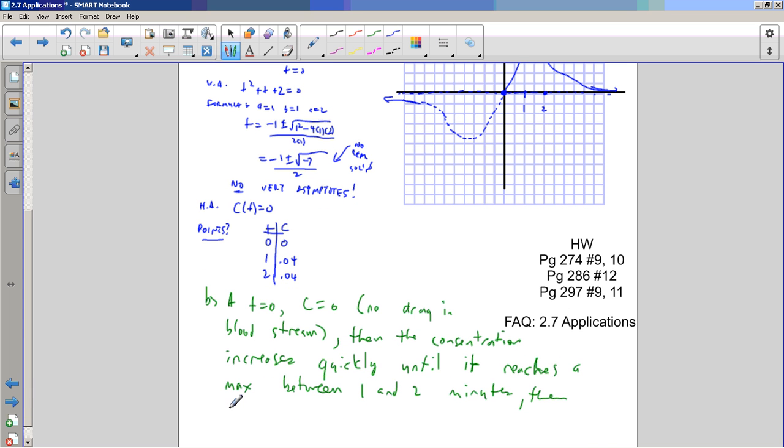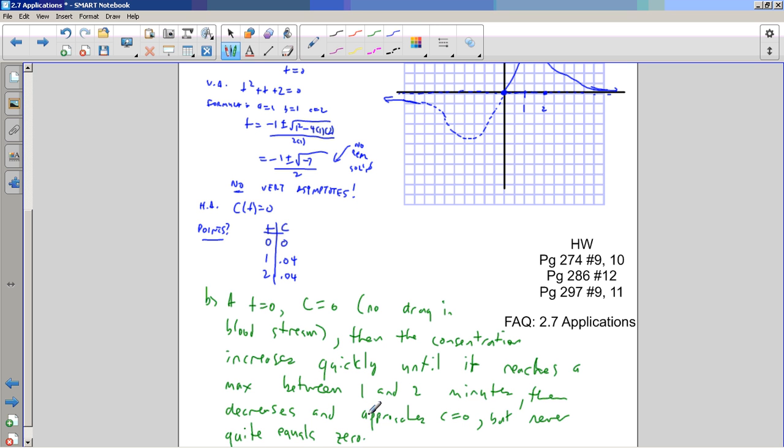Then decreases and approaches 0, but notice that it never completely disappears. Approaches C equals 0, but never quite equals 0.